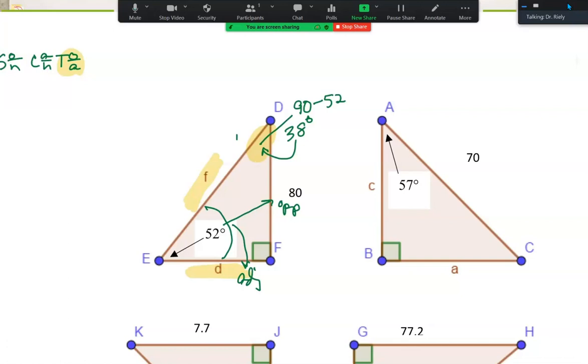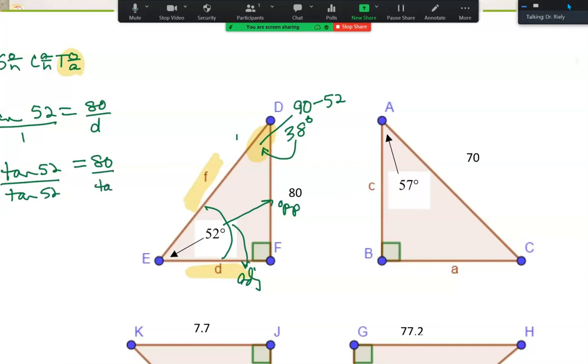Okay, so let's set it up. You need your ratio: tan of 52 equals opposite, which is 80, over D. This is a two-step problem. First step, cross multiply: D times the tan of 52 equals 80. Divide by tan 52, divide by tan 52.